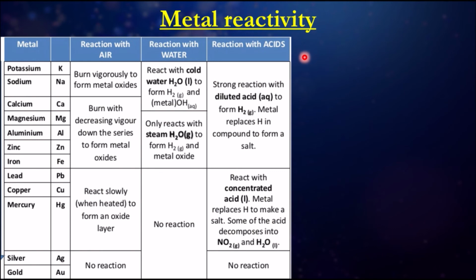Okay, just to finish ourselves off here, these are the little trends that we can see in terms of metal reactivity. Potassium and sodium are from group 1. They are the most reactive metals you'll find, followed by the group 2 metals, calcium and magnesium, and then aluminium, zinc, and iron, which are closer to your transition metals, while the other transition metals like lead, copper, and mercury are less reactive, and then silver and gold are non-reactive.